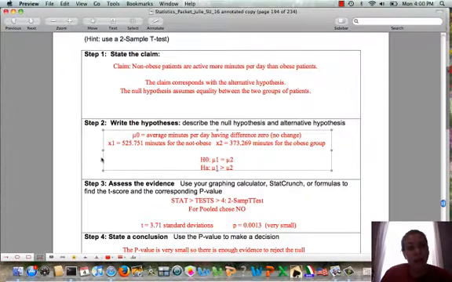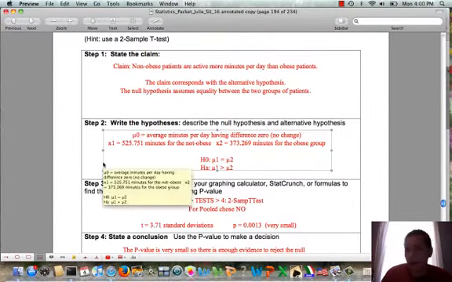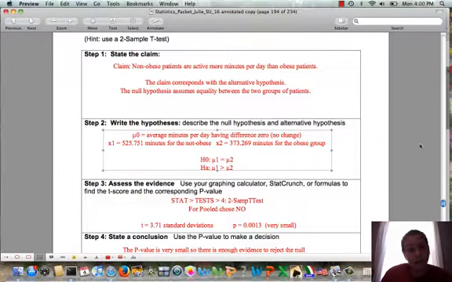And then our x bar 1, there should be a bar on the x, is 525.751 minutes for the non-obese group, and x bar 2 is 373.269 minutes for the obese group. These are the data values from the study that are in the table. And then our null hypothesis is saying the two groups are equal, mu1 equals mu2.